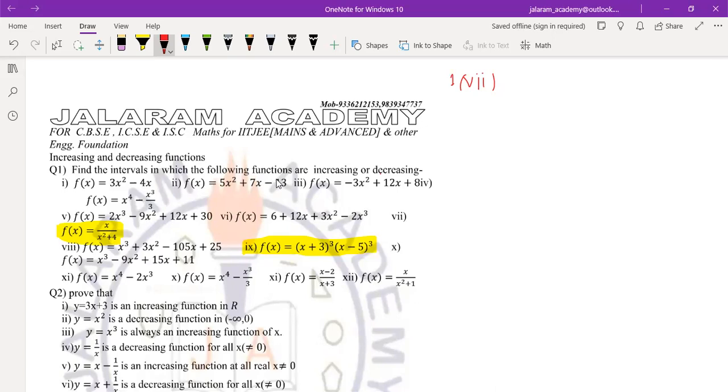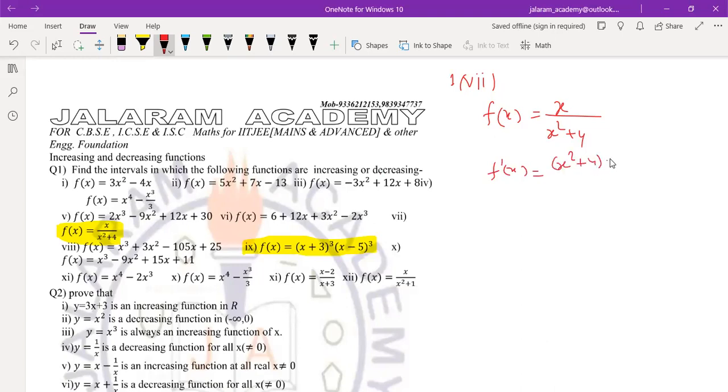Find the intervals in which the following functions are increasing or decreasing. f(x) equals x upon x square plus 4. First find its differentiation. f dash x equals to what?